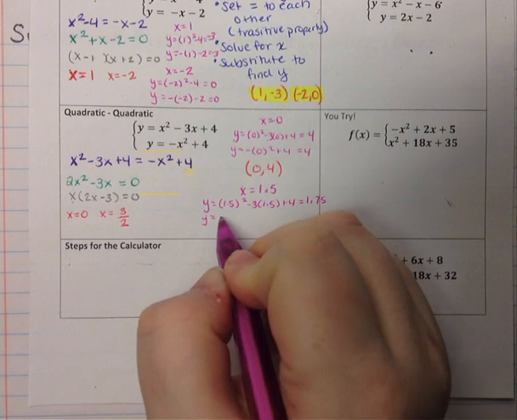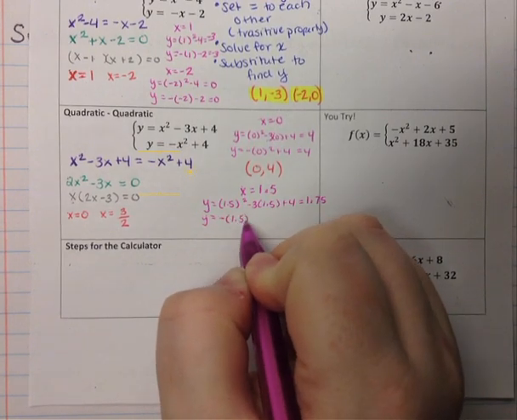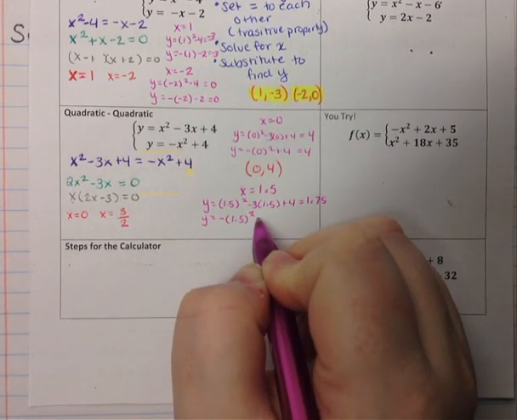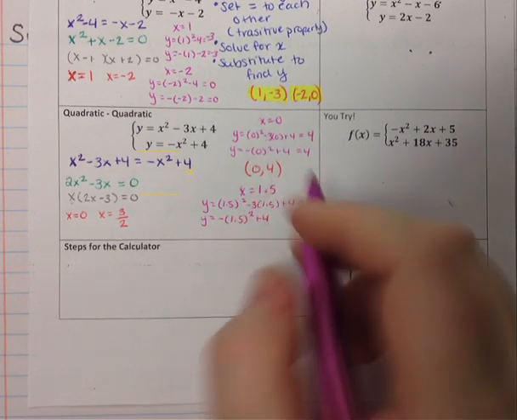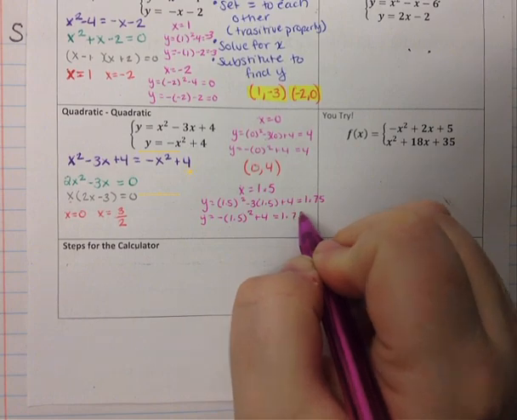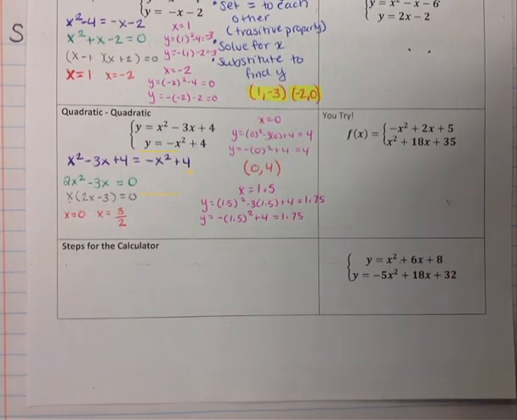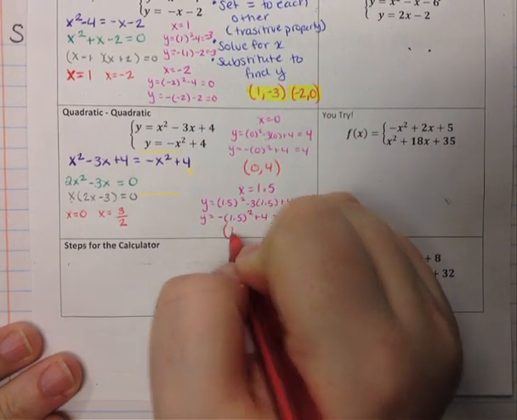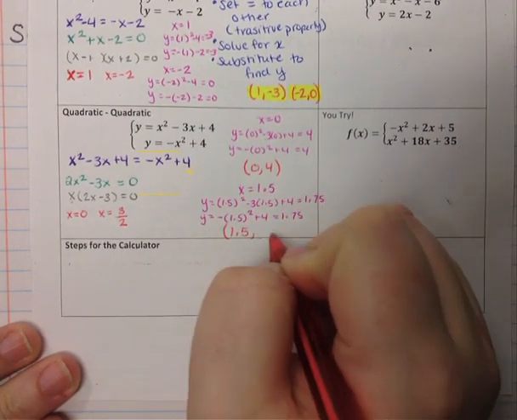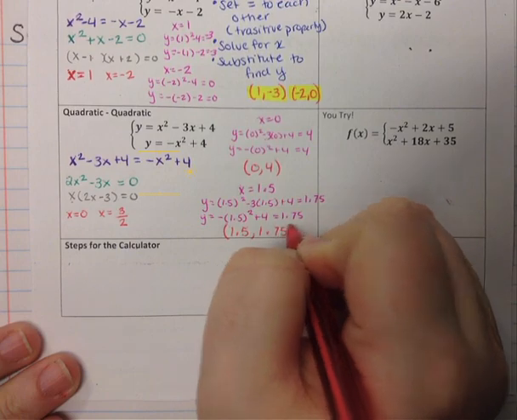Do the second one, y equals negative (1.5) squared plus 4. If I plug this into my calculator, I'll get the same 1 75/100. So since these y values are the same, we do in fact have a coordinate. The x value is 1.5, the y value is 1 75/100.